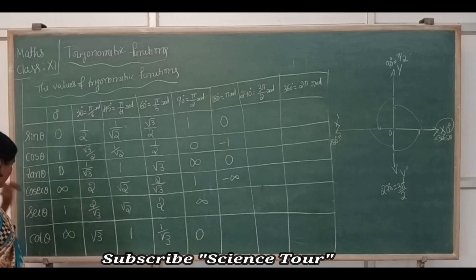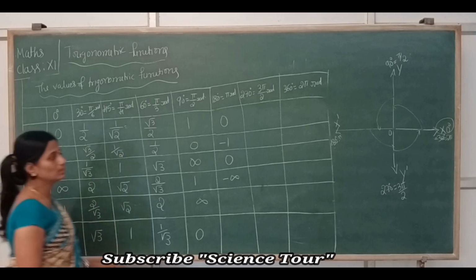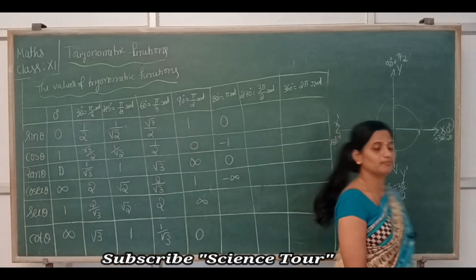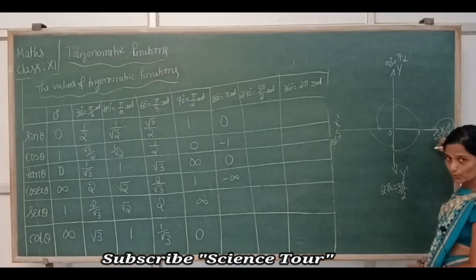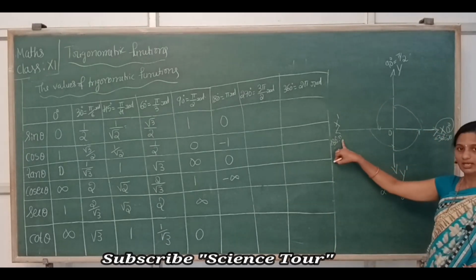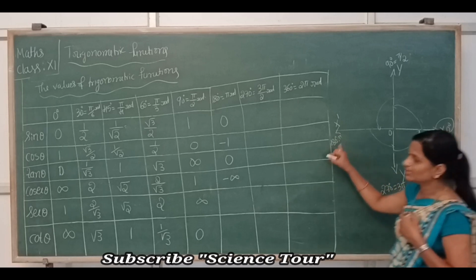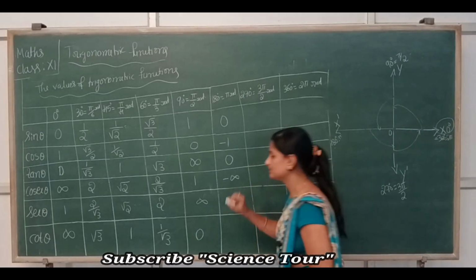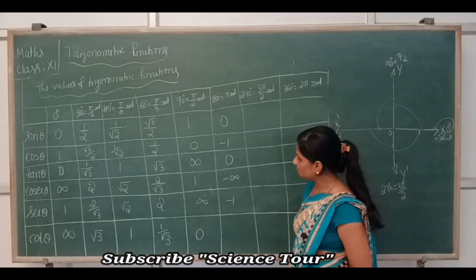Clear? Now next, secant 0 is 1. What is your secant 180 degrees? Secant 180 degrees is minus 1.